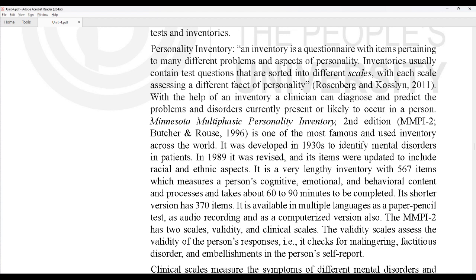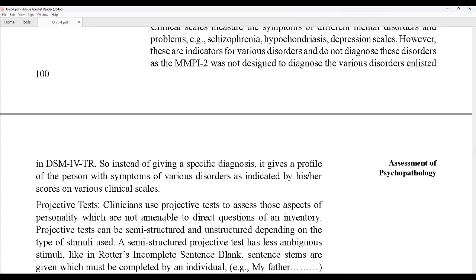The MMPI-2 has two scales, validity and clinical scales. The validity scales assess the validity of the person's responses, i.e., they check for malingering, factitious disorder, and embellishments in the person's self-report. Clinical scales measure the symptoms of different mental disorders and problems, for example, schizophrenia, hypochondriasis, and depression scales.